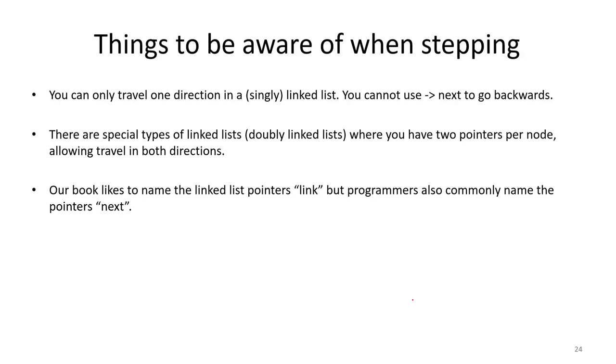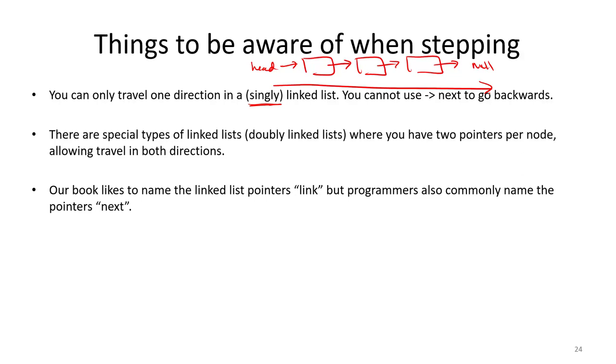There's a few important things to remember. First, in a singly linked list, like the ones we've covered, you can only go in one direction in the linked list. Since there's just one pointer and it's only pointing at the next node, we can only go from head toward the null pointer.